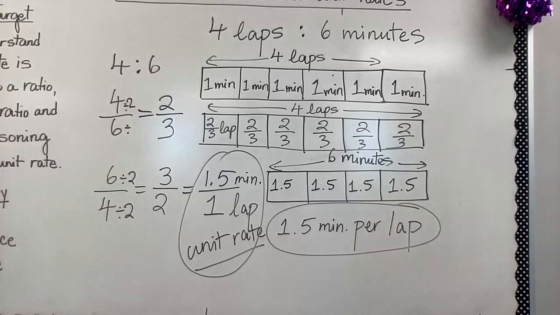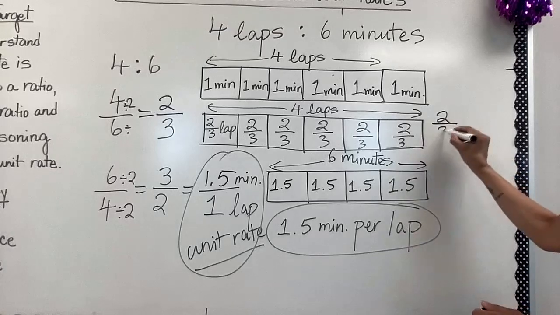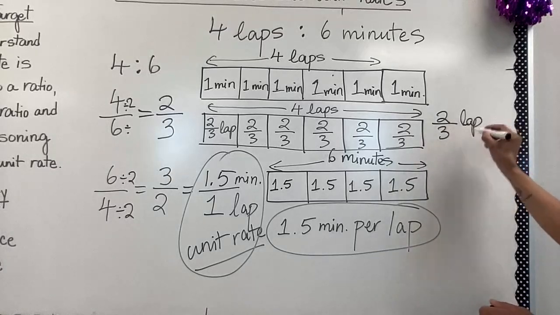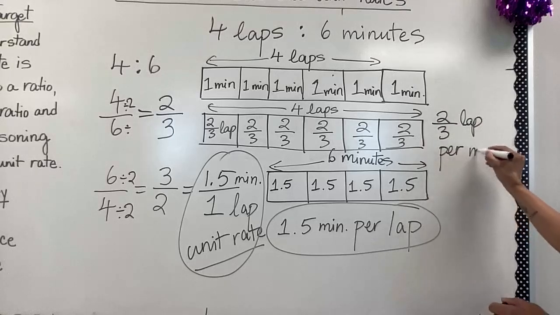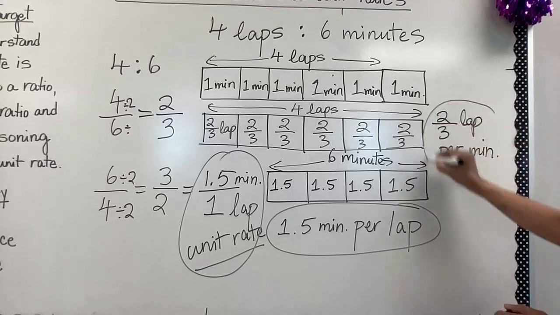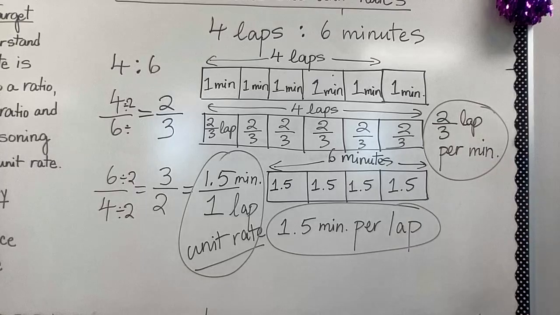The ratio of the number of laps to the number of minutes again is 4 to 6. So 4 laps in 6 minutes, which if I'm simplifying, because if I divide 4 by 6, I get 2 to 3 or 2/3. So she ran at a rate of 2/3 lap per minute, if I'm trying to find the unit rate of this.